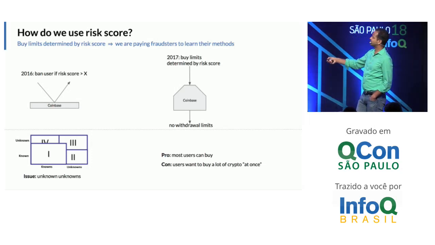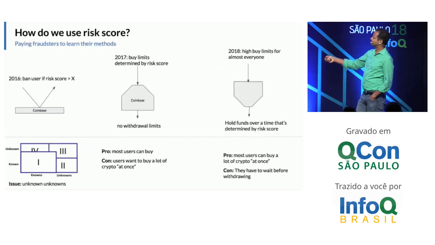If they were really bad, then they get a very low buy limit. And now the machine learning system is going to adjust the risk score all the time, and it may realize that we made a mistake, and therefore move the user from a risk score between 30 and 50 to a low risk score. So the user automatically gets a high buy limit.